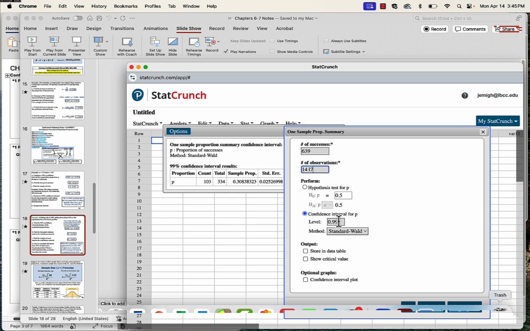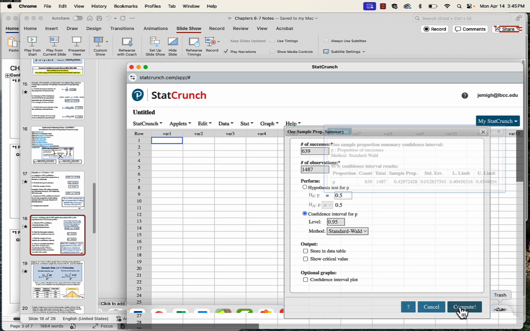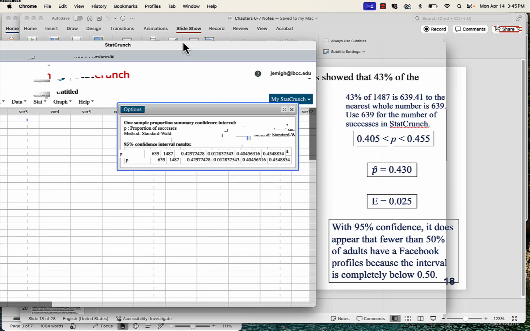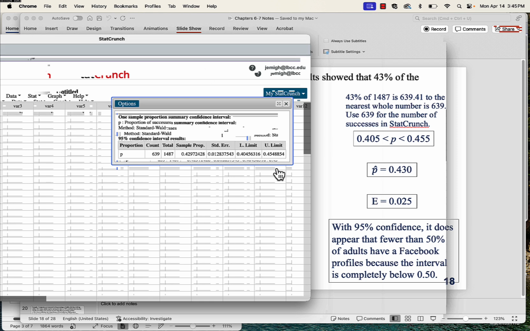Okay, got to put our confidence level back to the default and compute. Okay, hopefully I remembered those correctly. And let's see if we get our limits accurate to 3 decimals, 0.405 and 0.455. Nice.